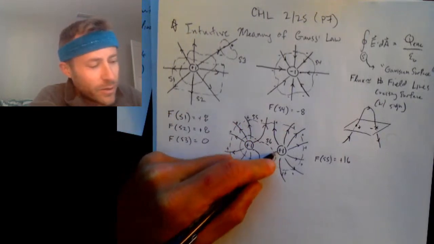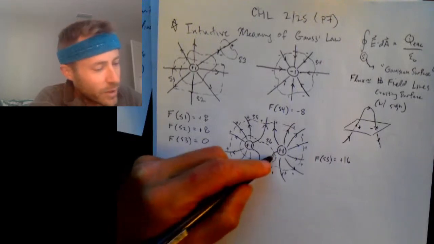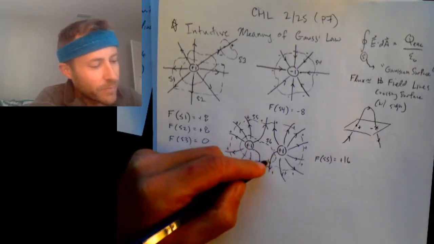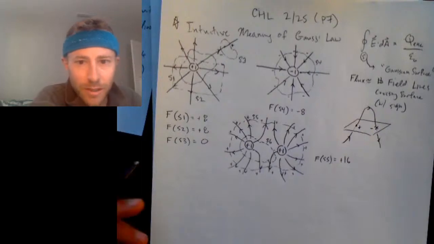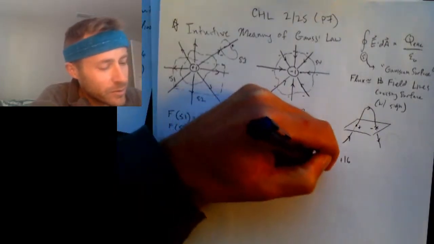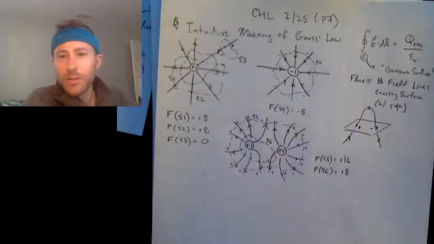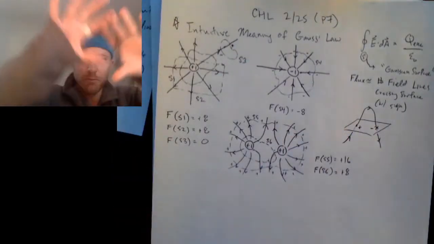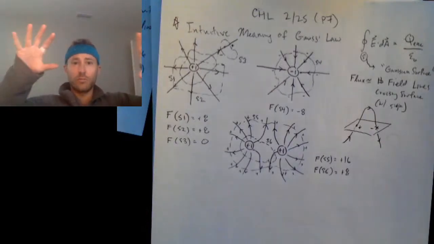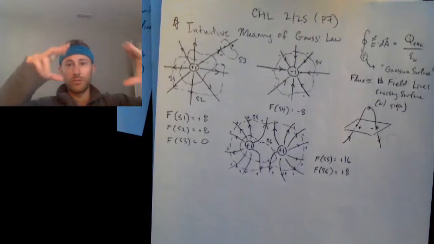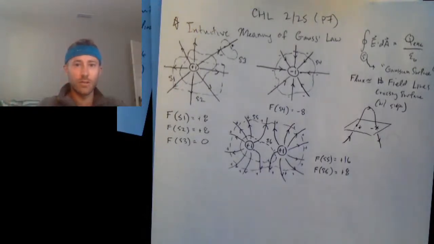But you can see that this line goes in and out of the Gaussian surface, so this line also contributes a negative. So what we get for surface 6 is that the flux is again plus 8. So again, even if you have more than one charge present, if the surface only encloses one of the charges, you still get the flux of a single charge.